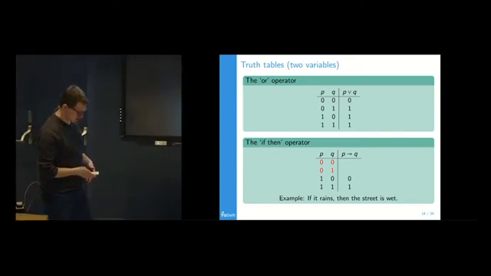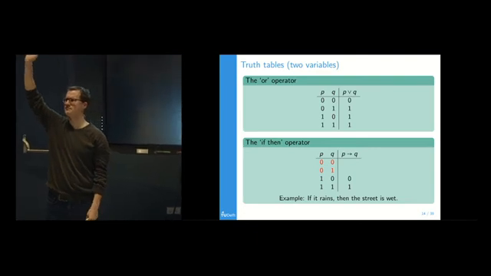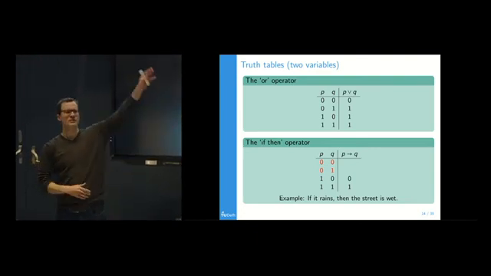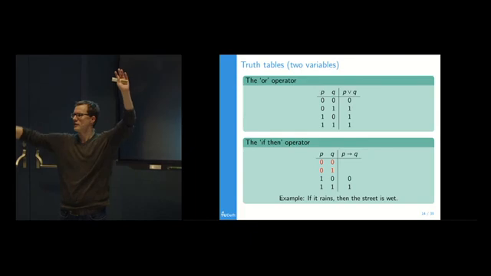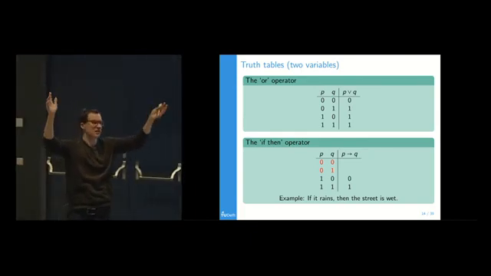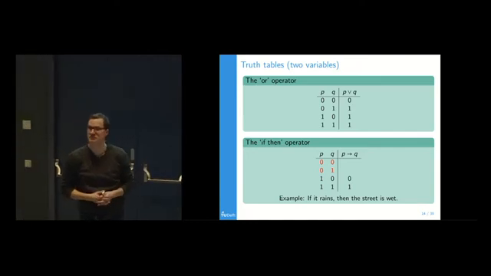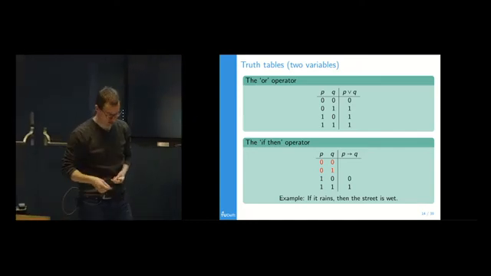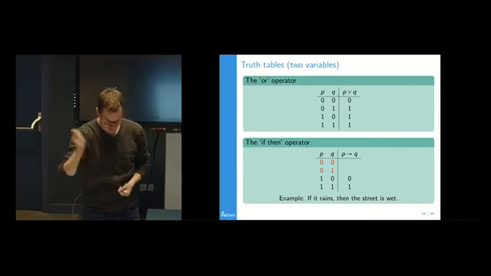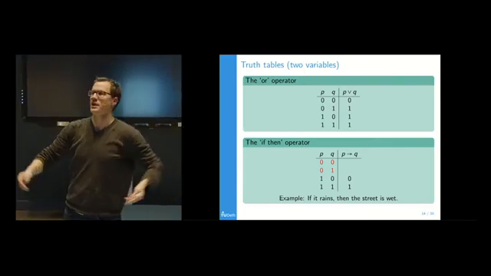So in this case, who believes the implication? Who does not believe the implication? Who says, I have no clue whether to believe it or not? Yeah, I agree with the last group. The implication says if it rains, the street is wet. Currently, it's not raining, so I don't know if this implication is true.